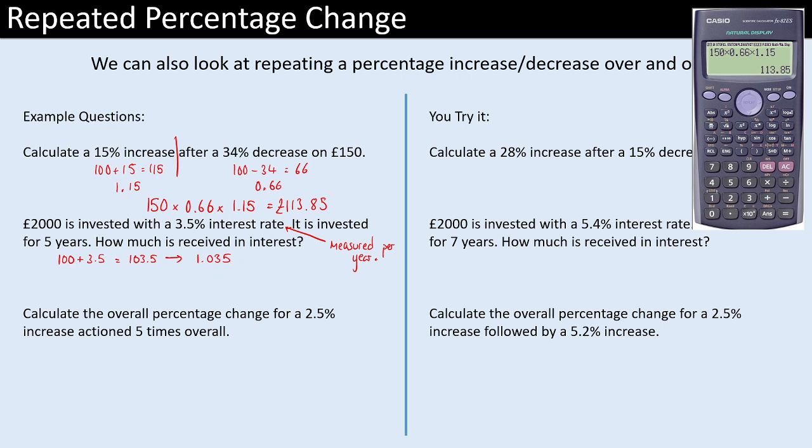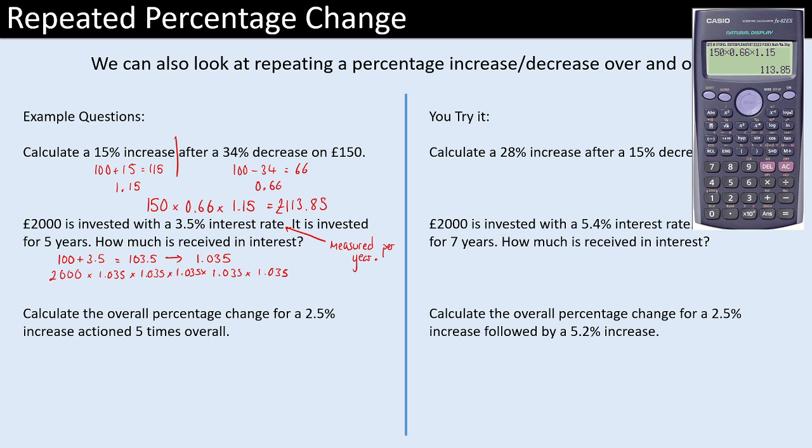Now, this is happening 5 times. It would technically be correct, but a lot of writing, if I wrote 2000 times 1.035 times 1.035 times 1.035 times by 1.035 and finally times by 1.035. There's nothing technically wrong with that.